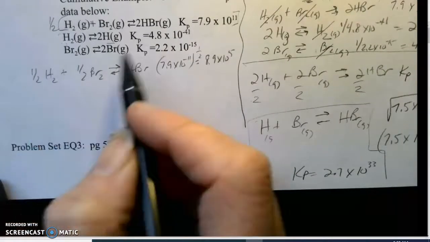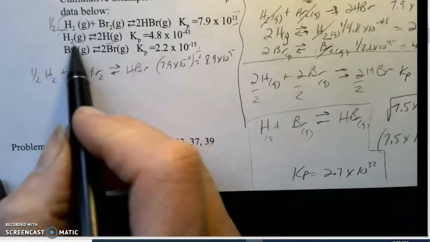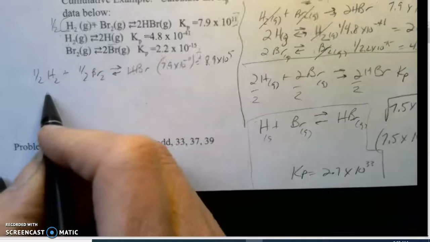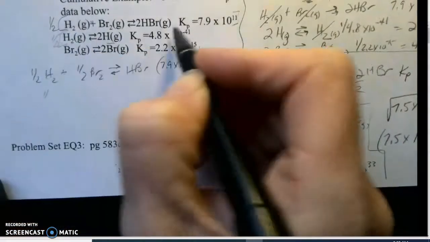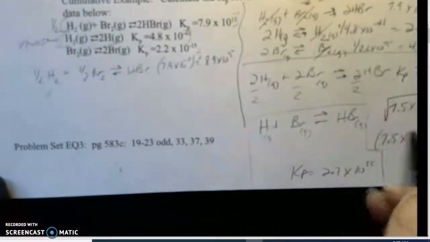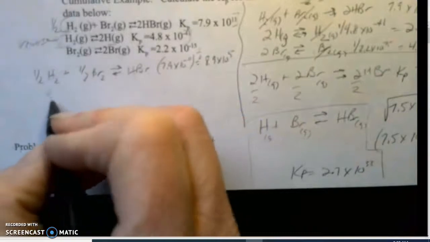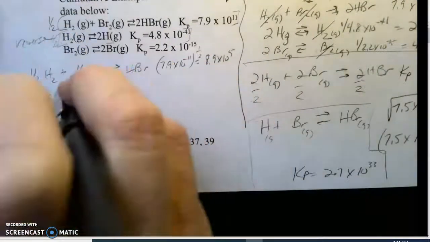And then I have to take 1/2 of this and reverse it. So I think this is more steps. I think the first method I did is easier, but it's not wrong to do it this way. Oops, this would just give me H, sorry.